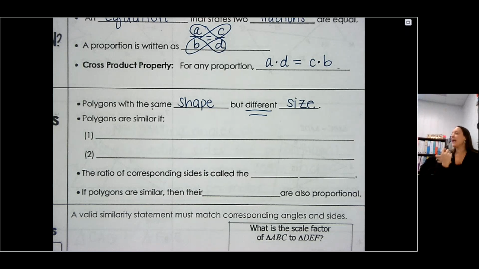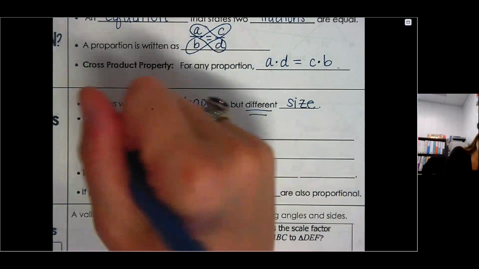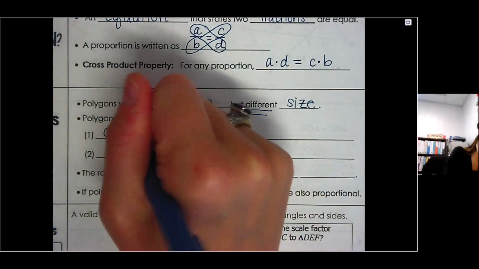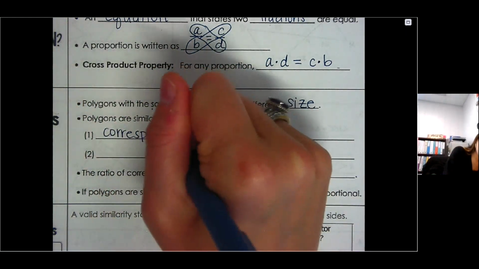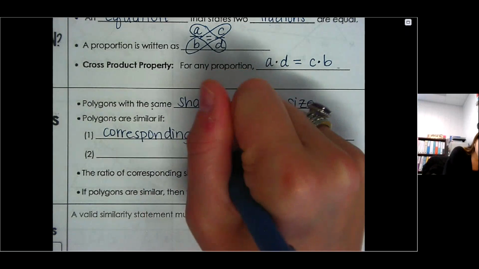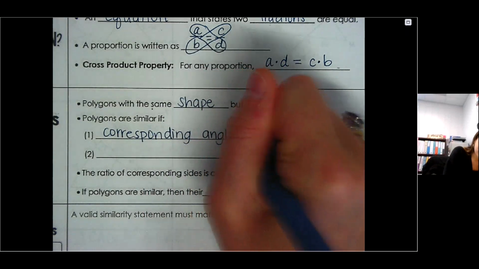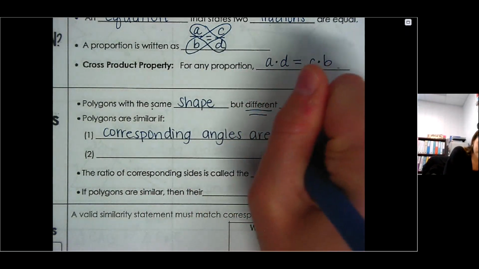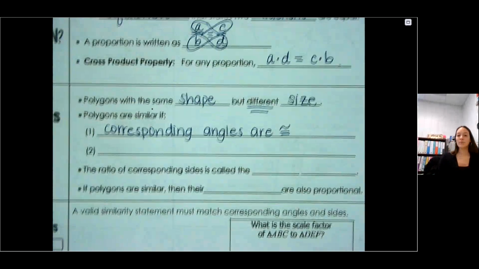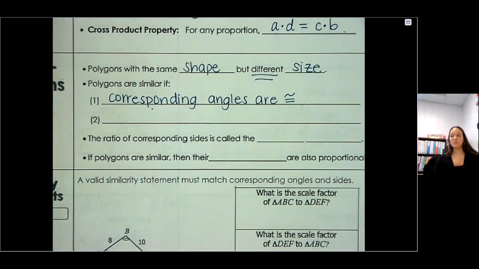So that means angles that are in matching positions have to be the same. Polygons are similar if corresponding angles are congruent, and polygons are also similar if corresponding sides are proportional.